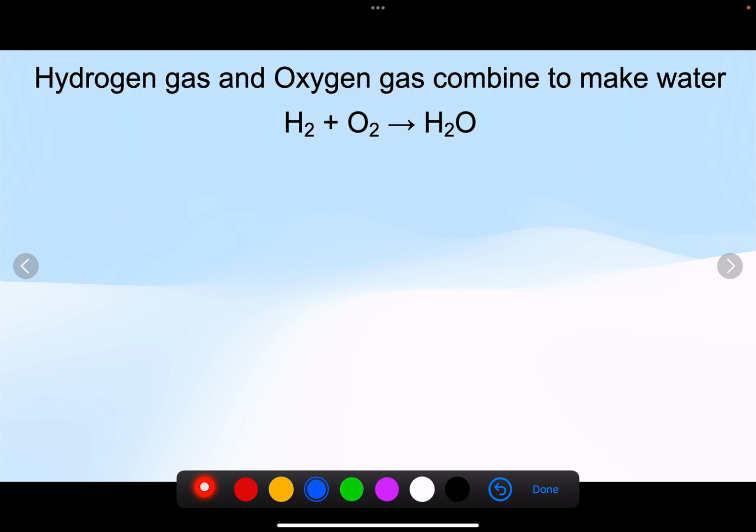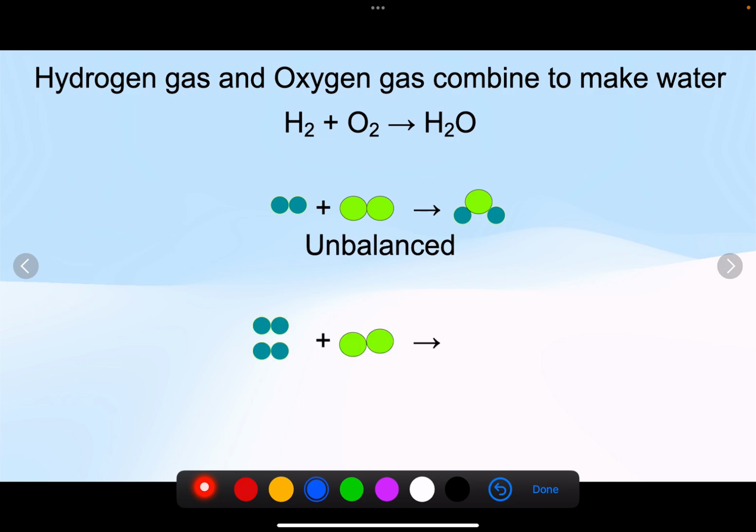All right, let's take a look at this one. Hydrogen gas and oxygen gas combine to make water. H2 plus O2 makes H2O. Okay, so there's your picture, and you make a water molecule. It's got 1 green and 2 smaller greens, and you're like, hey, hang on, that's not balanced. You are correct. To balance it, visualize it like this, and then represent it by adding a coefficient here.